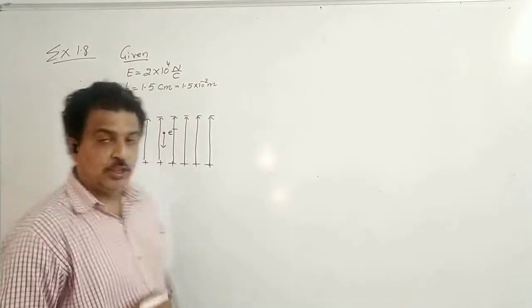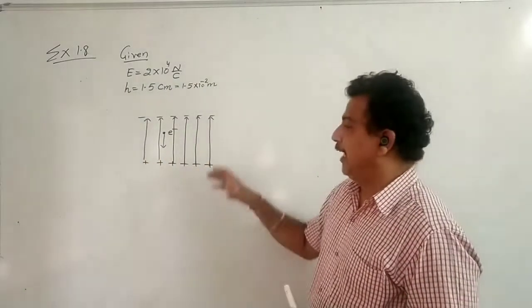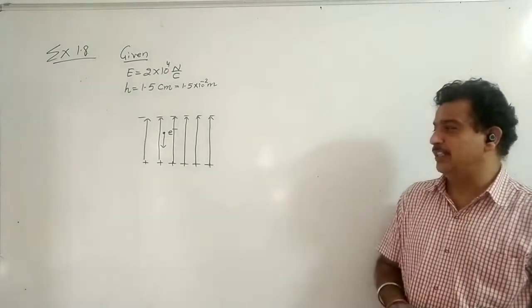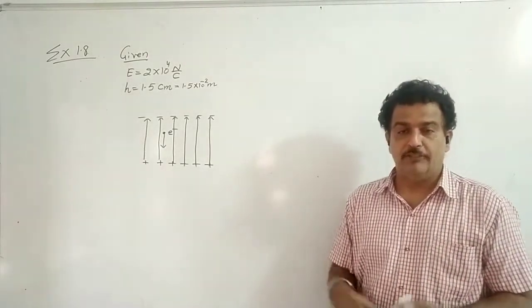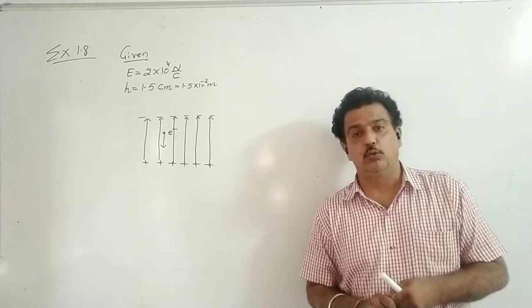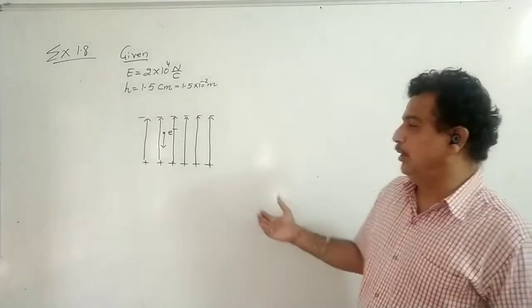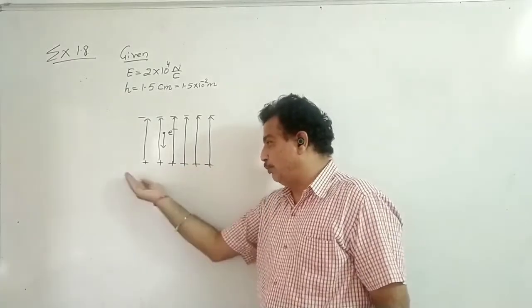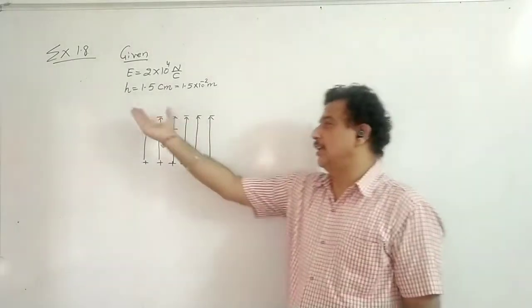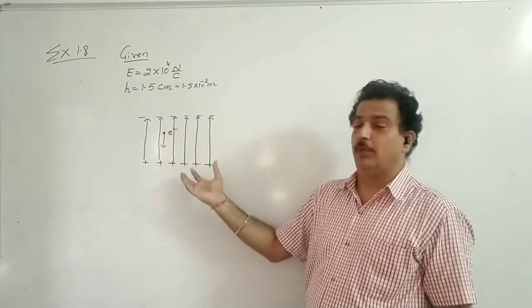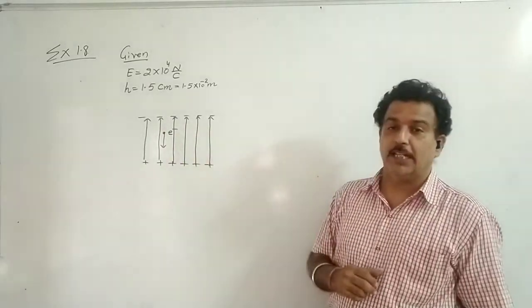However, they have given you the diagram in the question itself, but it may be possible that the diagram is not given. So if it is said that the electron is falling downward and neglect the effect of gravity, it should be understood that the charge at the bottom should be positive and the charge at the top should be negative. Then only it is possible to create a uniform electric field.